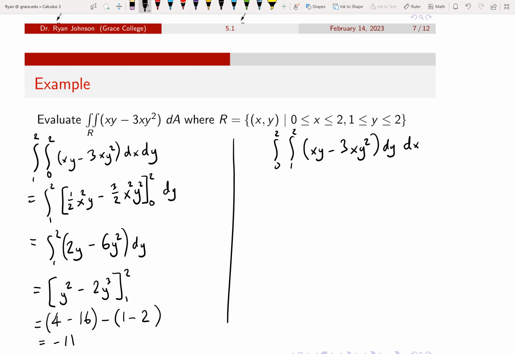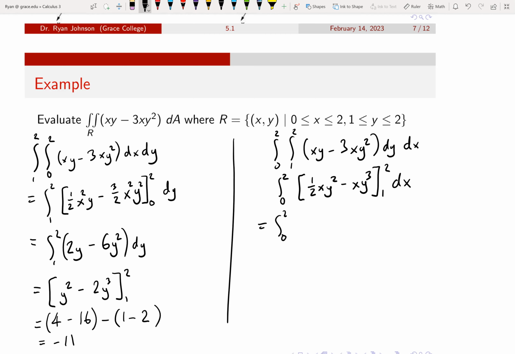Okay, let's try it the other way. If I do the integral with respect to y on the inside, the outside stays the same. I get 1/2 xy squared minus xy cubed from 1 to 2 dx.